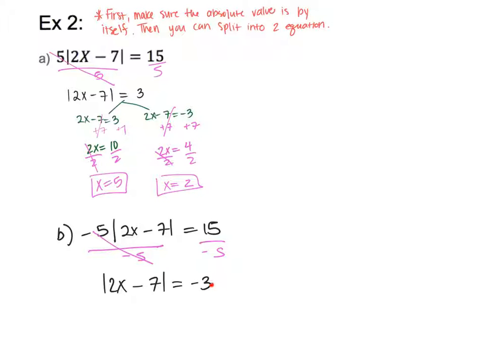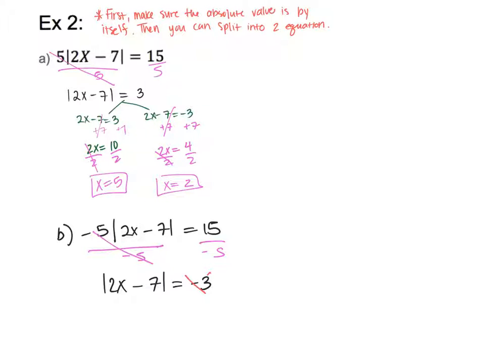Didn't we learn in the very beginning of the bell work, or in the definition slide, that whenever you put a negative number inside, it should come out as a positive number, right? All the problems that we've been working with had a positive number on the right-hand side. Look back at your other problems. They did. This one has a negative number, and that can't happen. Absolute values will always spit out a positive number.